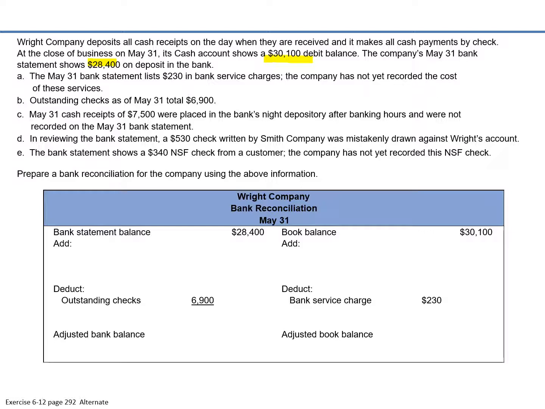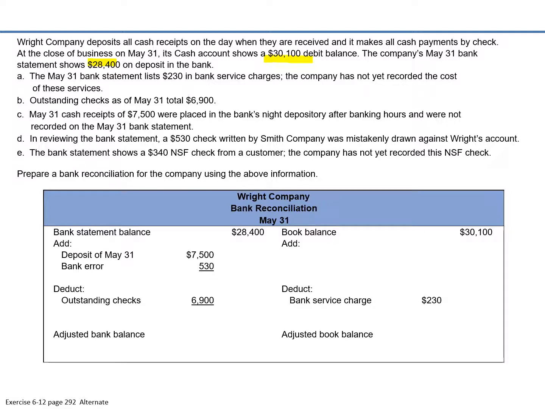May cash receipts of $7,500 were placed in the depository after hours. So we need to add deposits in transit to our bank side. In letter D, there was a $530 check written by Smith Company that was mistakenly drawn against this account and shouldn't have been. So the bank needs to give us that money back.